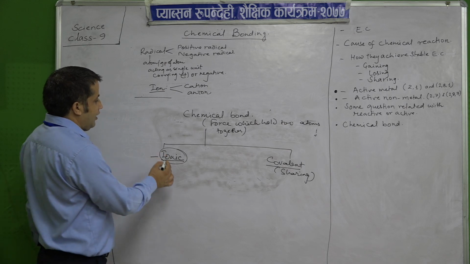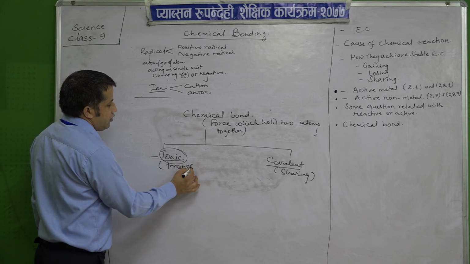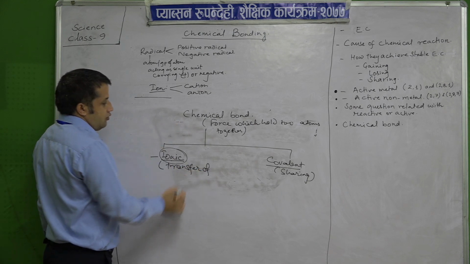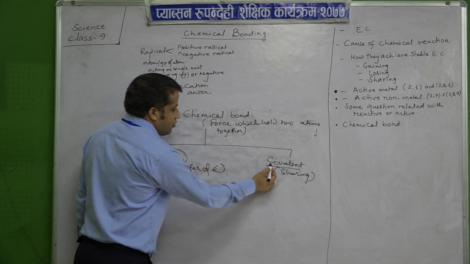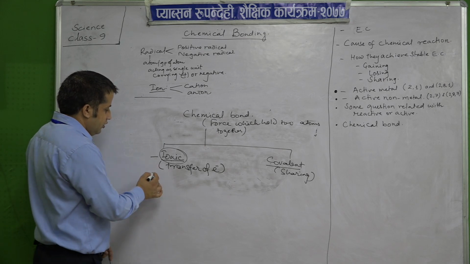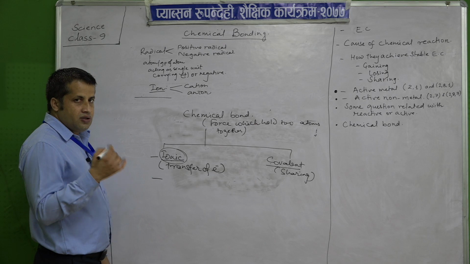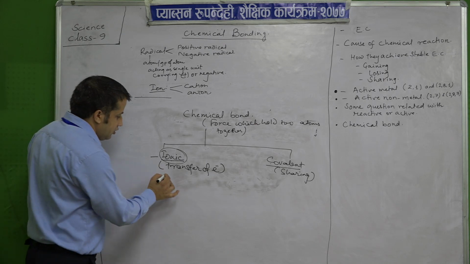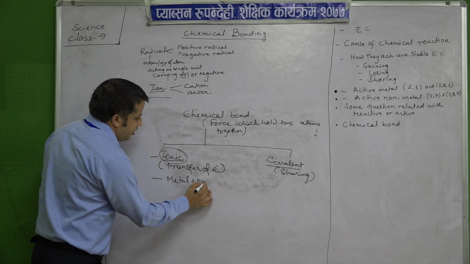So, in case of ionic bond, there is transfer of electron. In case of covalent, there is sharing of electron. In case of ionic bond, metal and non-metal will be there.